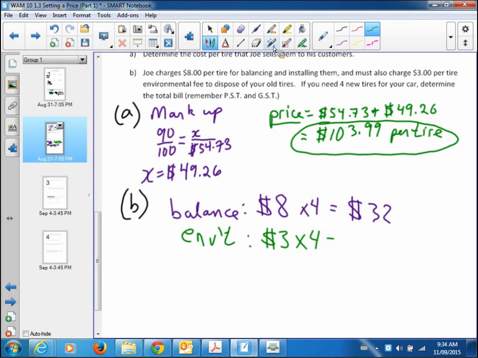That's 12. The tires themselves before tax. Figure out that price. $103.99 times 4 equals $415.96.